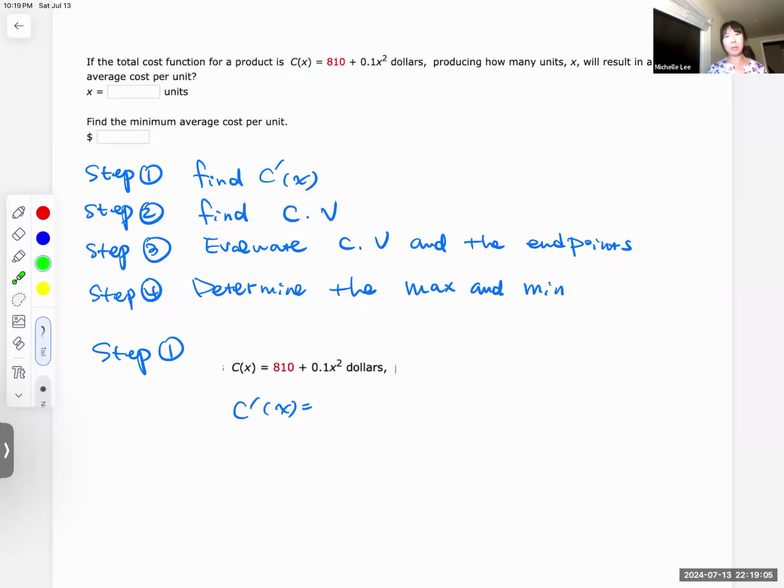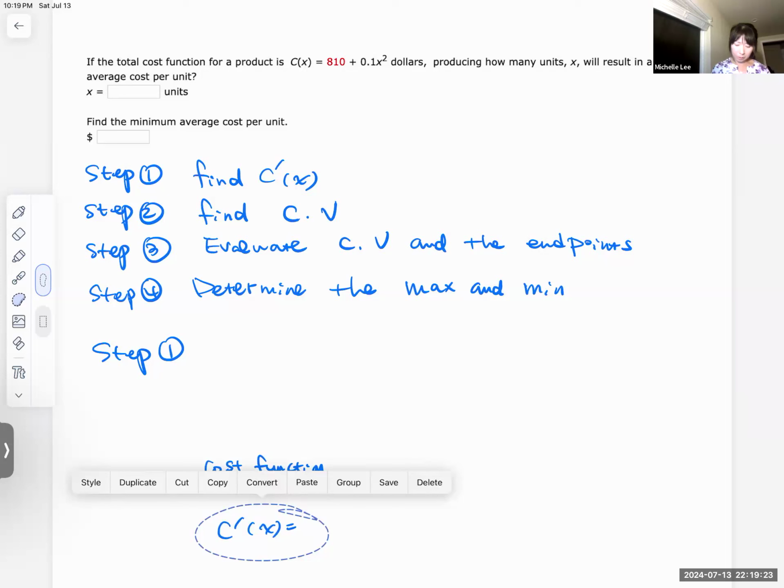Do you remember from previously? This is a cost function. We want to know about the average cost.